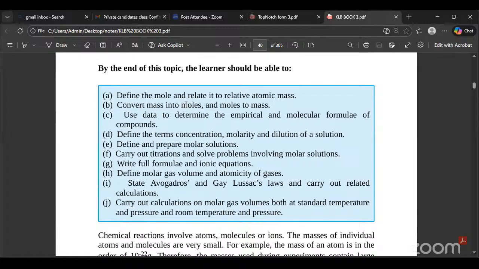Titration and solving of the problems. Now, this one is where we'll do the dry practical, because most of the time we might not meet, but I'll do a simulation. Hopefully we'll do a simulation, maybe even one or two, which normally helps us. It is like we are doing the practical, but now the computer is helping us.